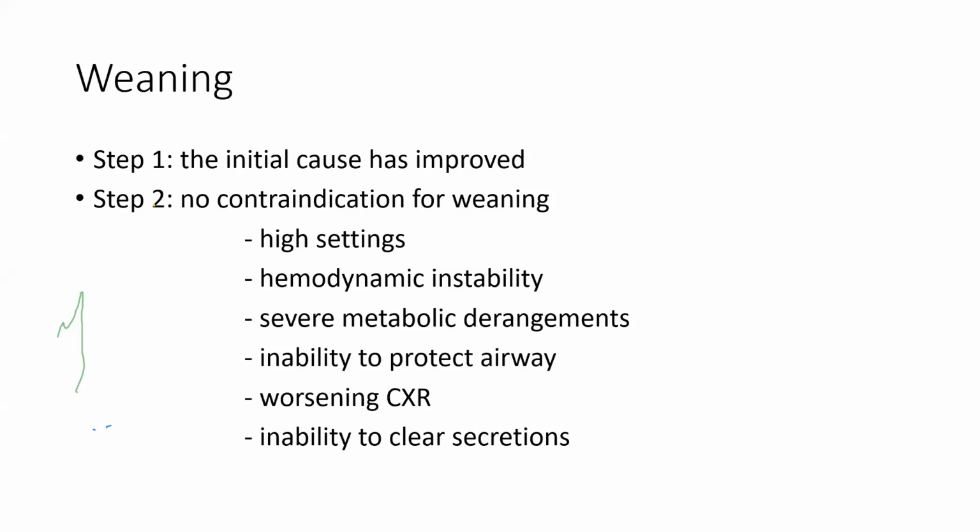But looking at the contraindications, maybe during this period between starting mechanical ventilation and the patient waking up, he developed, for example, ventilator-associated pneumonia, which will make the X-ray worse, the settings of mechanical ventilation higher, and maybe cause hemodynamic instability. So although the initial cause has improved, you cannot start weaning now. These are contraindications to weaning. You can apply the same concept to whatever indication of mechanical ventilation. But if there's no contraindication for weaning and the initial cause has improved, now you can proceed to step 3.